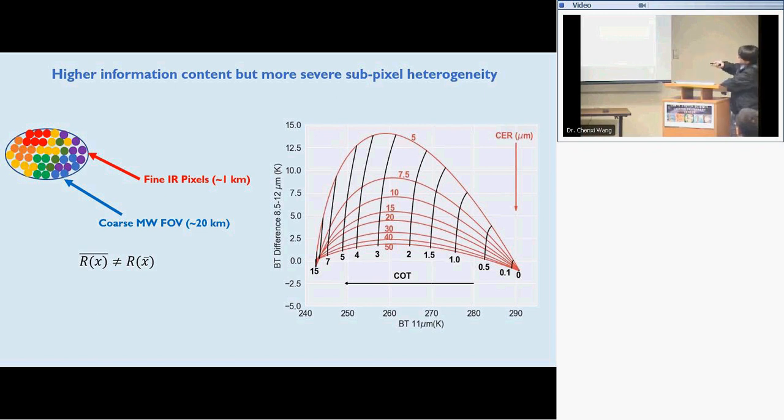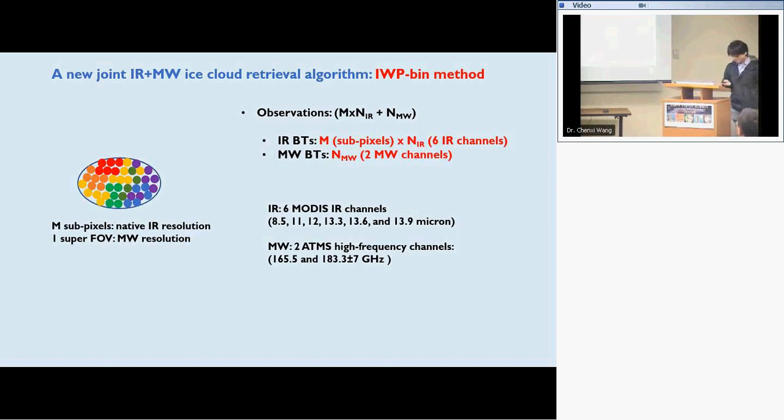This is an example of how the infrared observation changes as a function of CER and COT. There's this curvature here. So if you simply average the infrared observation over the whole domain, you get a huge nonlinear effect, which can give you a biased retrieval. To handle this, we developed a so-called IWP-bin method.